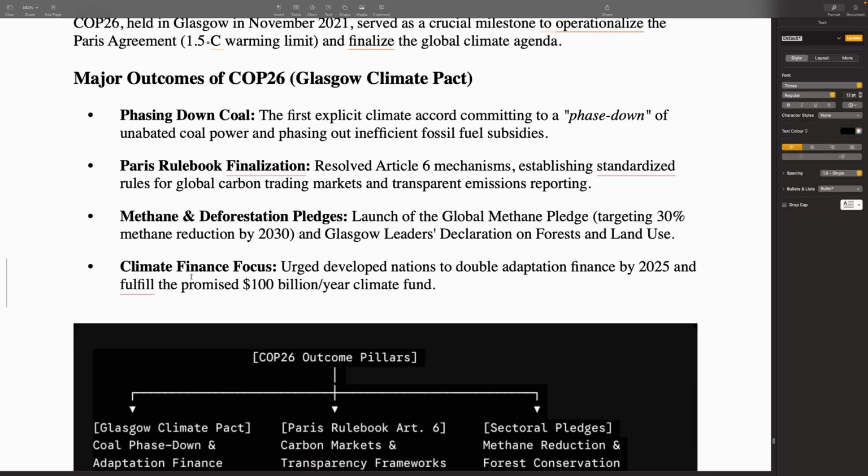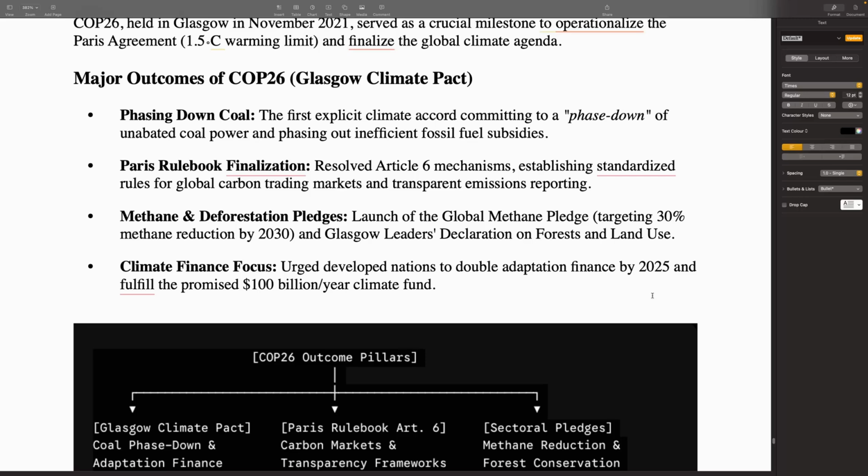Phasing down coal, the first explicit climate accord committing to a phase down of unabated coal power and phasing out inefficient fossil fuel subsidies. Paris Rulebook finalization resolved Article 6 mechanism establishing standard rules for global carbon trading markets and transparent emissions reporting.